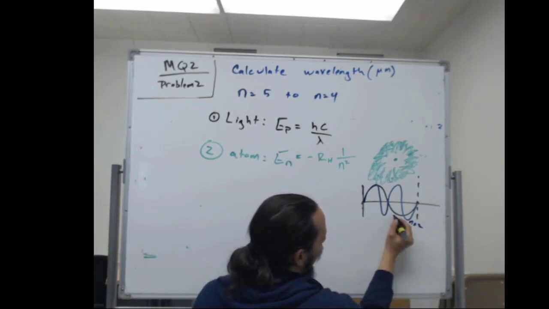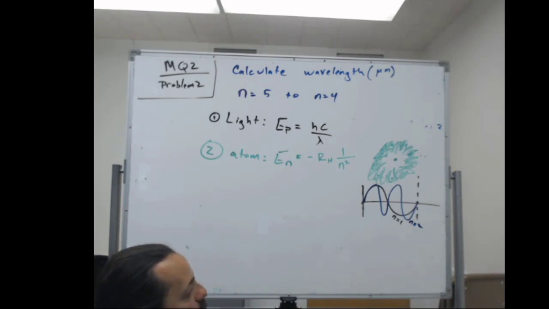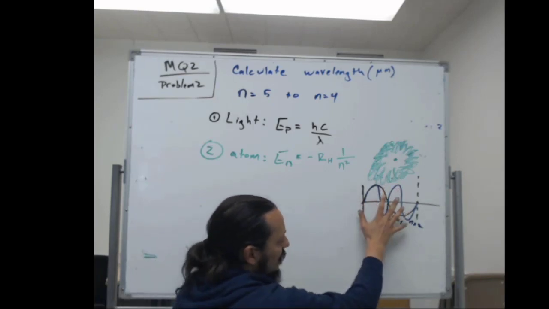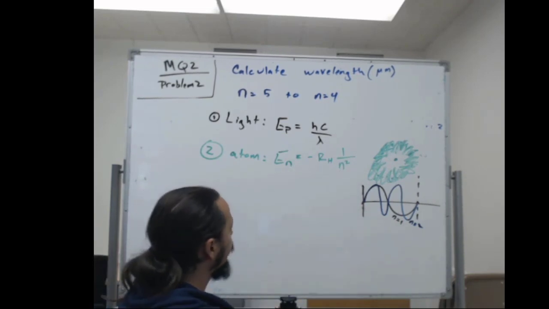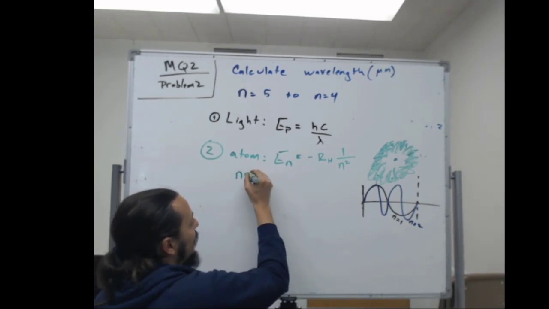We need these kind of repeating patterns, like sine waves, in order to have a stable electron around a nucleus. This idea is part of why we end up with this n value here.